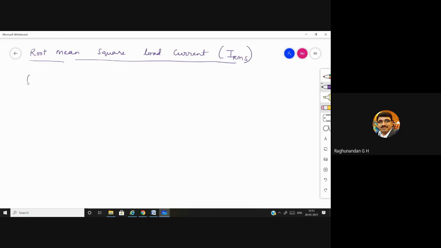Suppose you give an AC signal, which is continuously varying, to a bulb to make it glow. Since this voltage is continuously varying, I want to know what amount of voltage or current the bulb needs on an average, because it will start from 0.